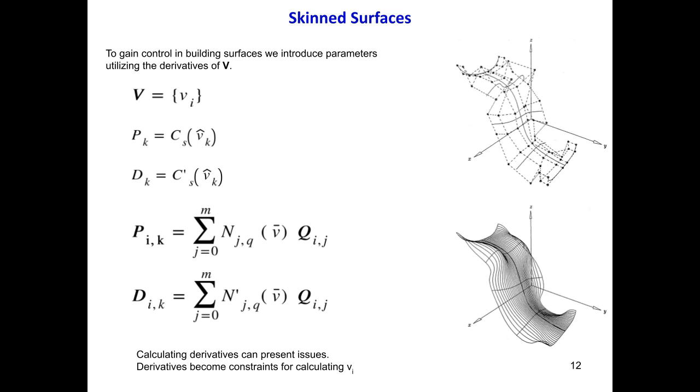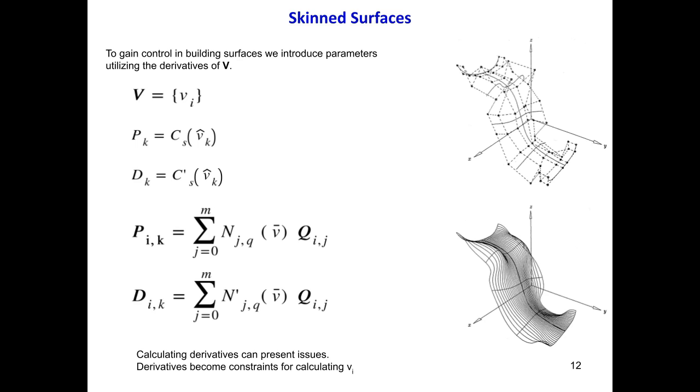This is an example here of using the derivatives, which I call vector V here. And you can see there's some calculations. So the derivatives provide constraints for calculating a surface, thereby giving us a little more control over what the surface is going to look like.